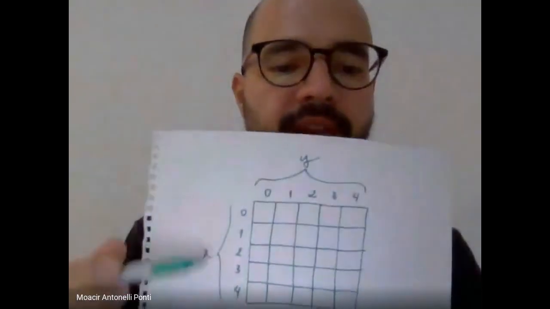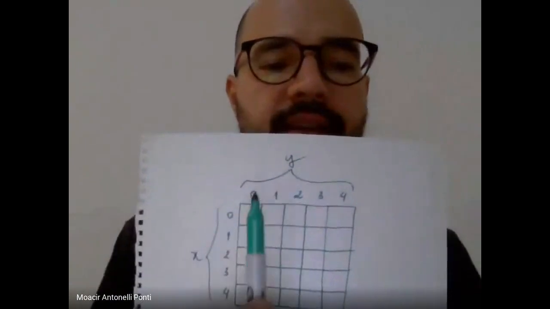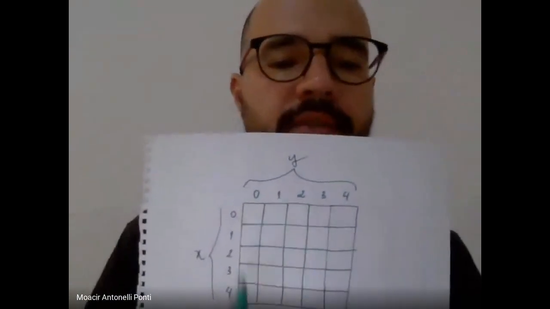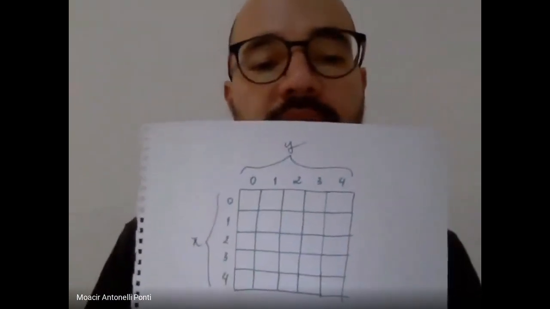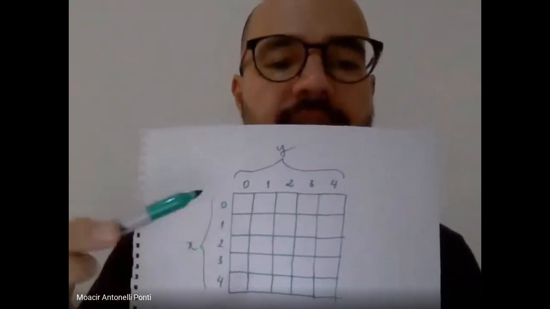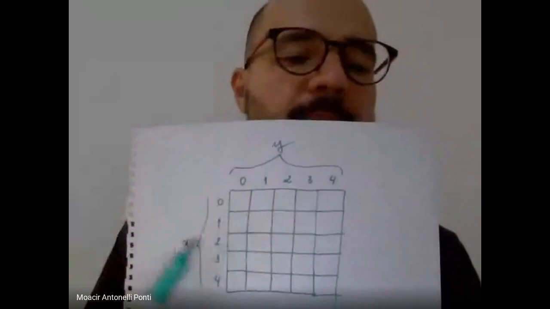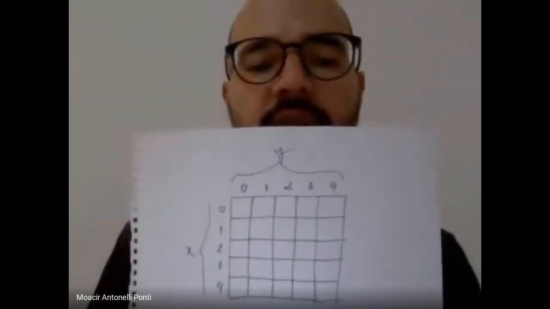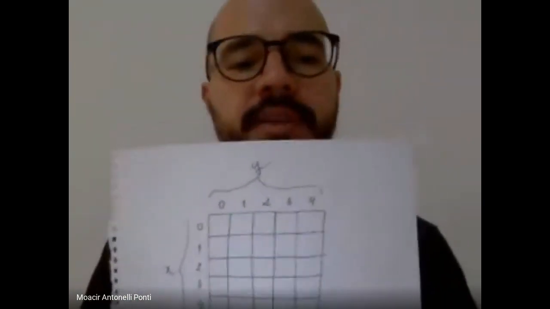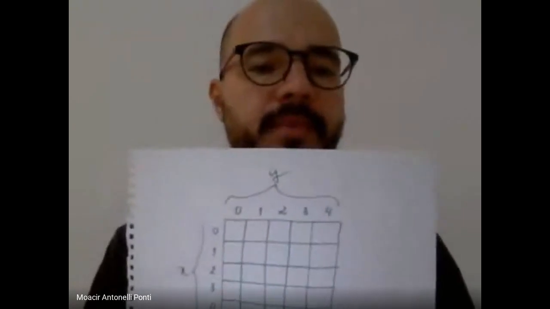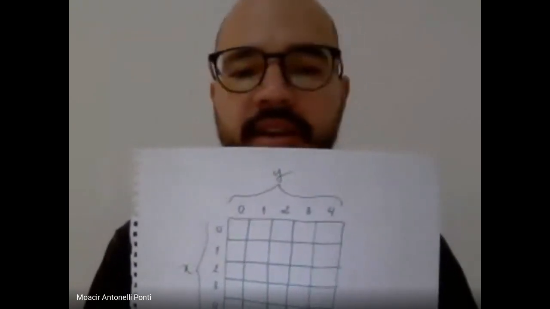So we have in the rows of the matrix the x coordinates, and in the columns of the matrix the y coordinates. For each pair of these coordinates, we have a value that is coded using a specific number of bits.